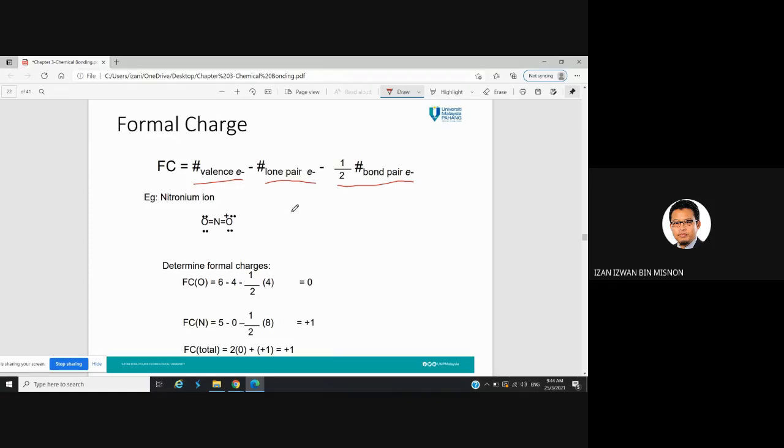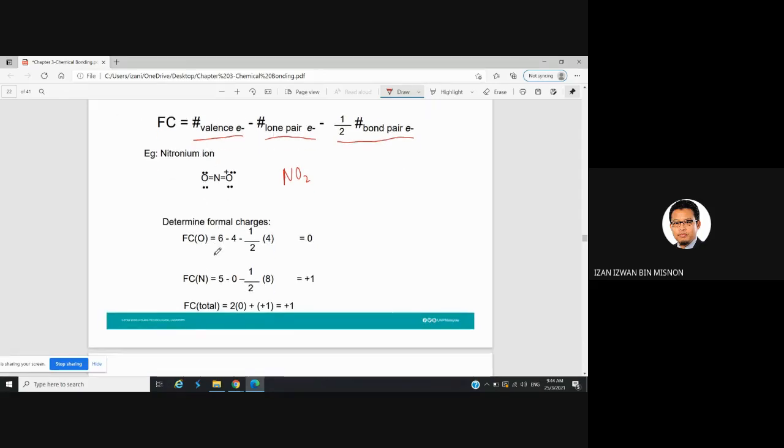Okay, so in this case, NO2. The formal charge needs to be calculated individually by atom. In the case of the oxygen atom, the valence electrons for oxygen is 6, and the lone pair electrons for oxygen is 4.